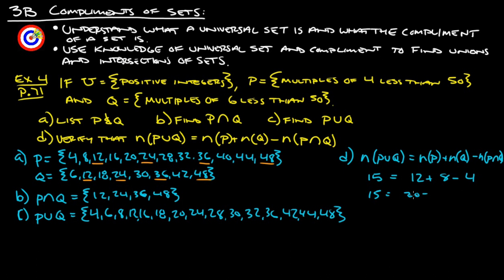Let's see, obviously miscounted some. Let's double check here. 1, 2, 3, 4, 5, 6, 7, 8, 9, 10, 11, 12, 13, 14, 15. Did I miss one? I think I missed one. Let's cross them off as we go.